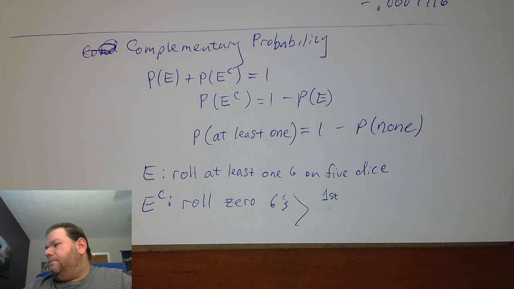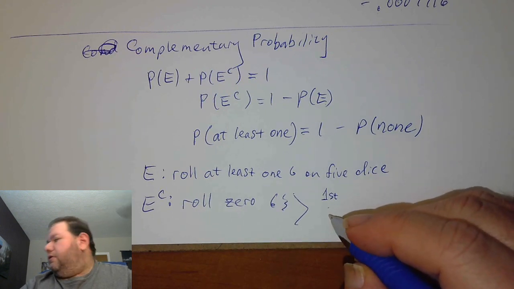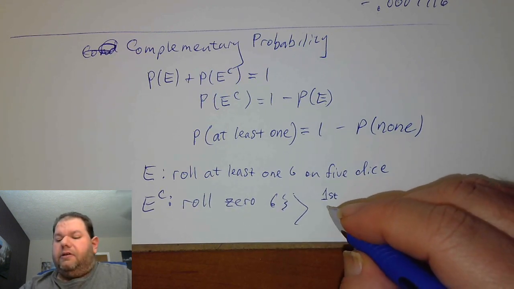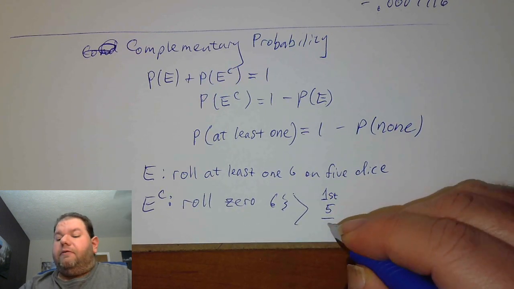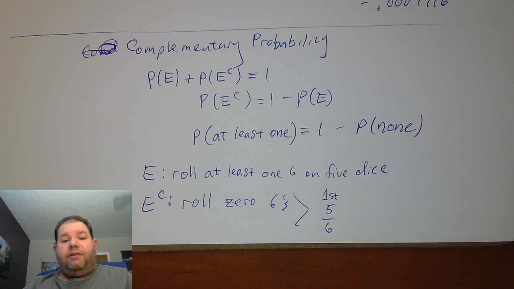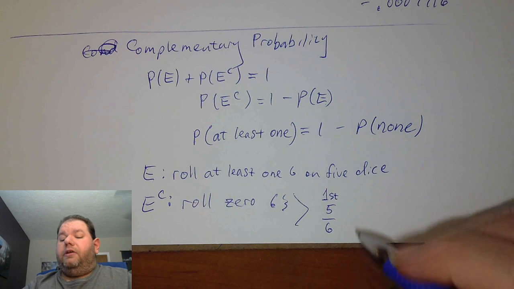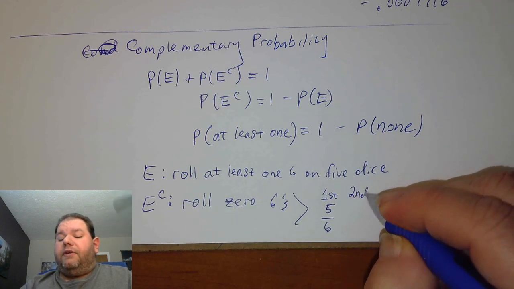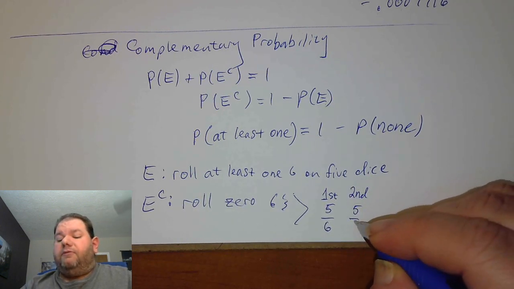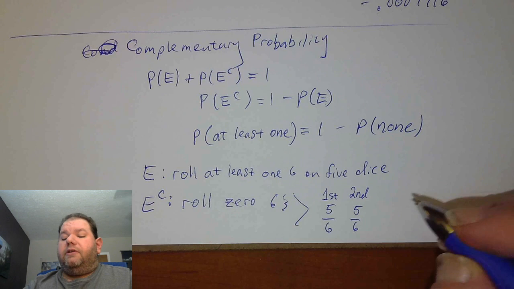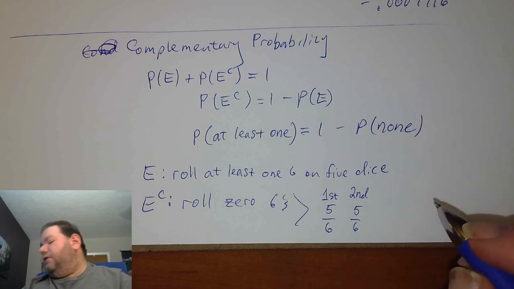Okay. We're thinking about how many numbers are not 6. Well, there's 5 other numbers besides the 6. Right. So we have a 5 in 6 chance that we don't land on 6. As long as we land on one or the other 5 numbers, we haven't gotten a 6. So 5 in 6 chance we do not land on a 6. That's true for the second roll, 5 in 6 chance we do not land on 6. That's true for the third, fourth, and fifth as well.